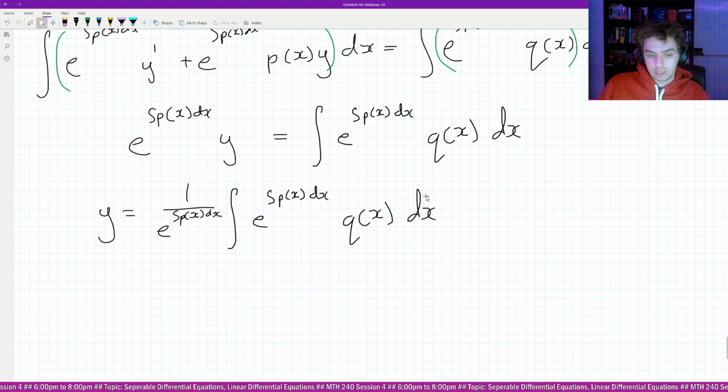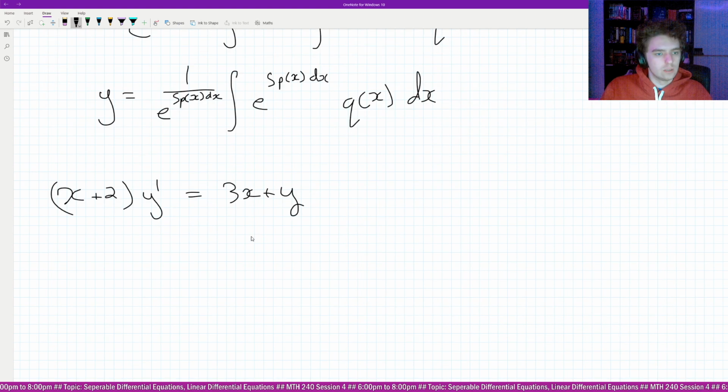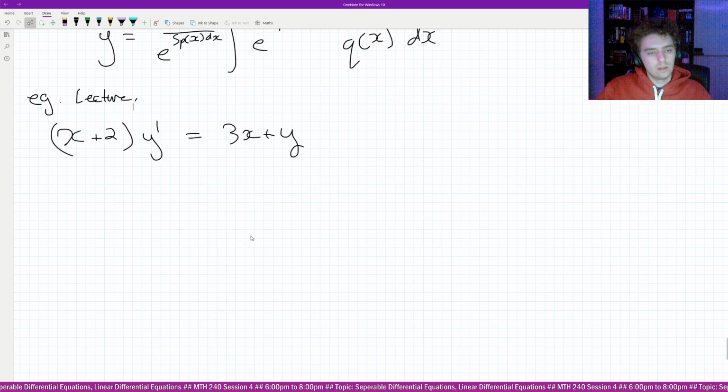x plus 2 y prime equals 3x plus y. This is our example from lecture. This is a linear differential equation because it is linear and first order, since I can write it in the form y prime plus p of x y equals q of x.